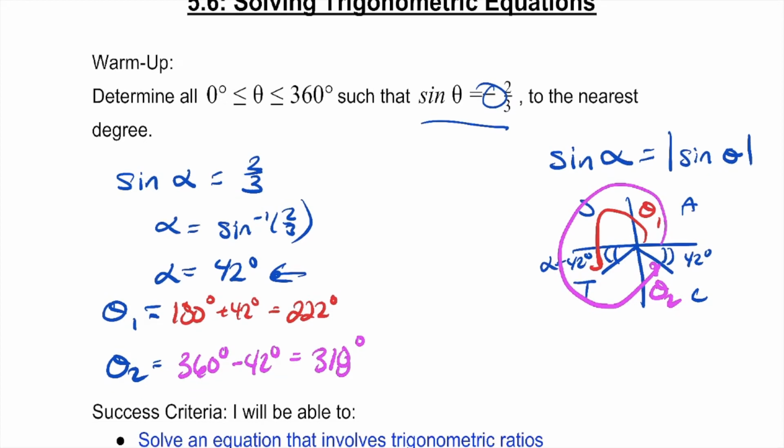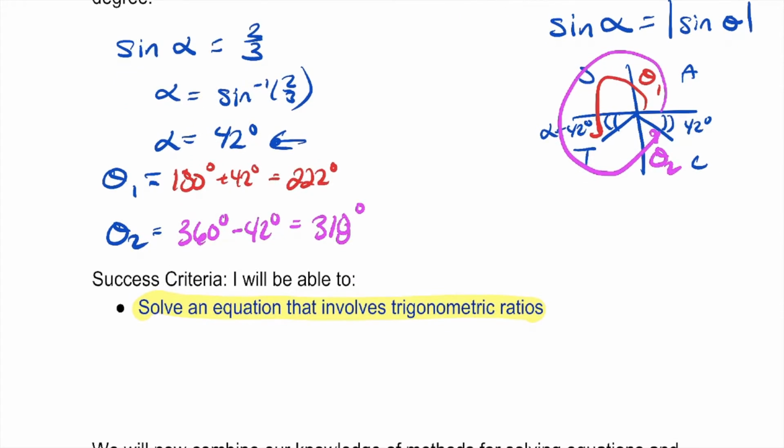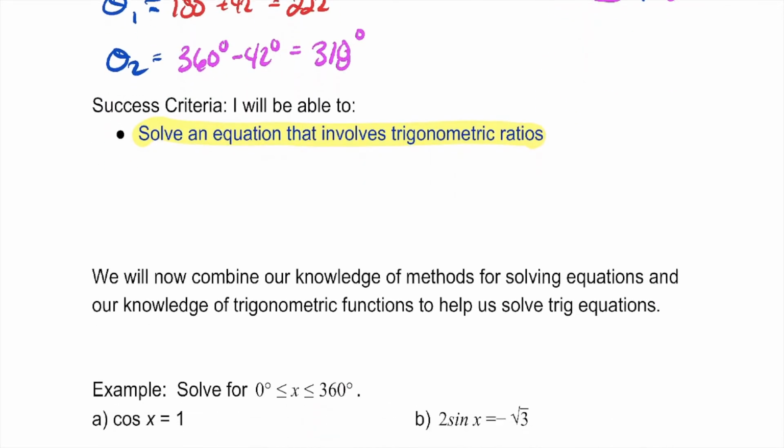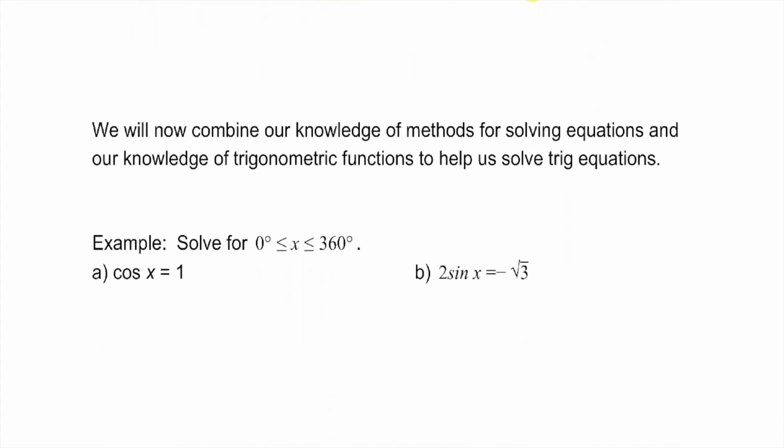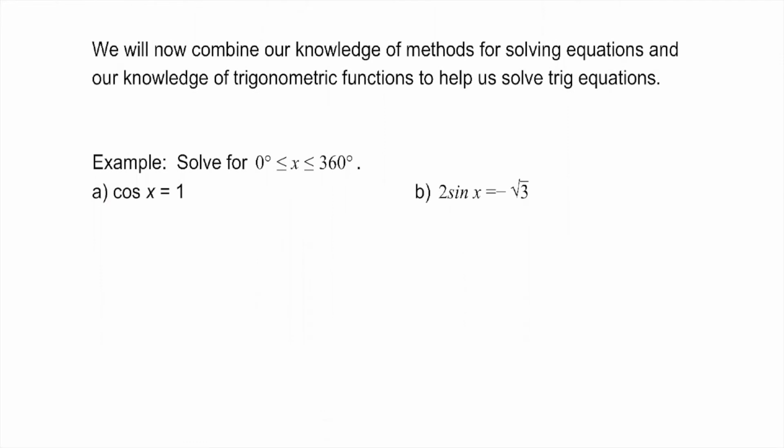Okay, so again, the main success criteria, the main thing that we want to be able to do after this section, is to solve an equation that involves trigonometric ratios. Let's do this through various examples. Our first one is relatively trivial.